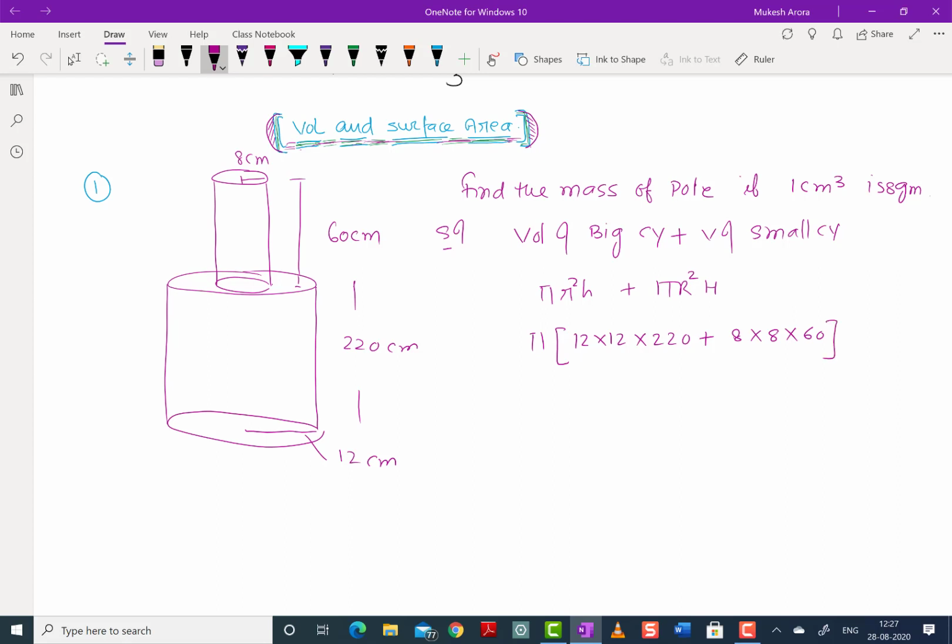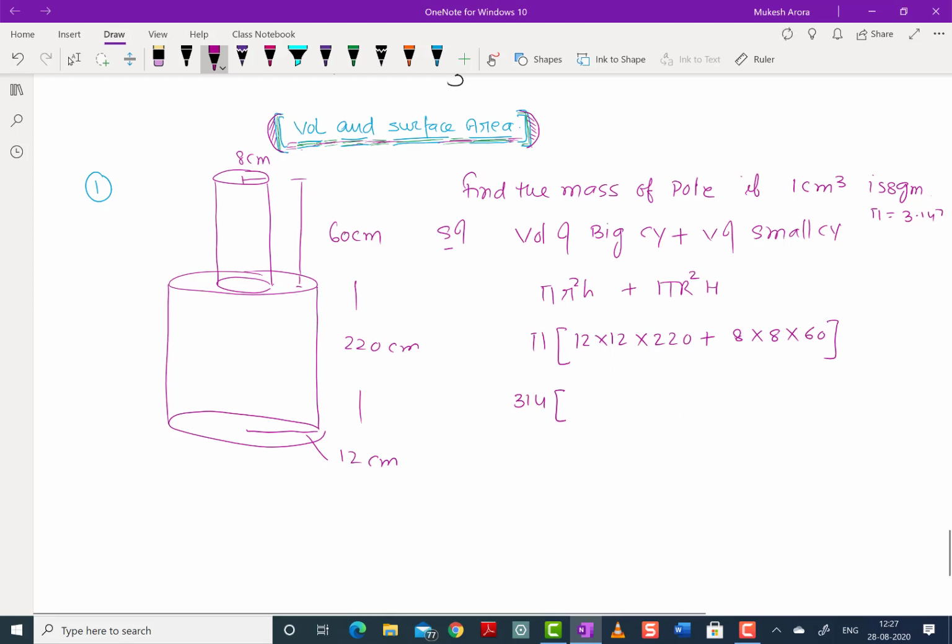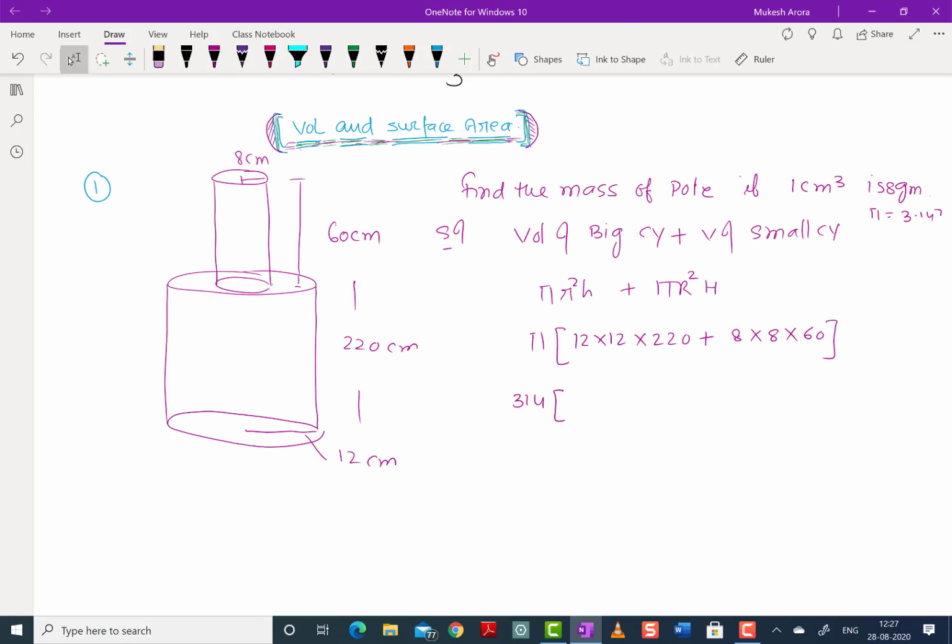The value of pi is 3.14. 12 into 12 into 220 is 31680.